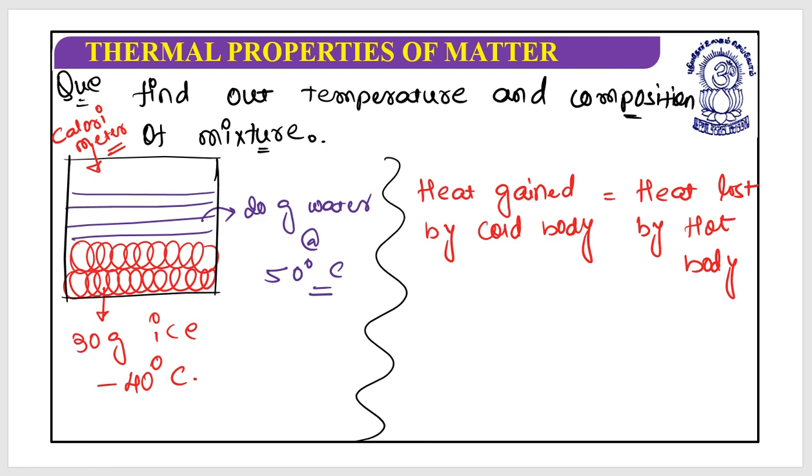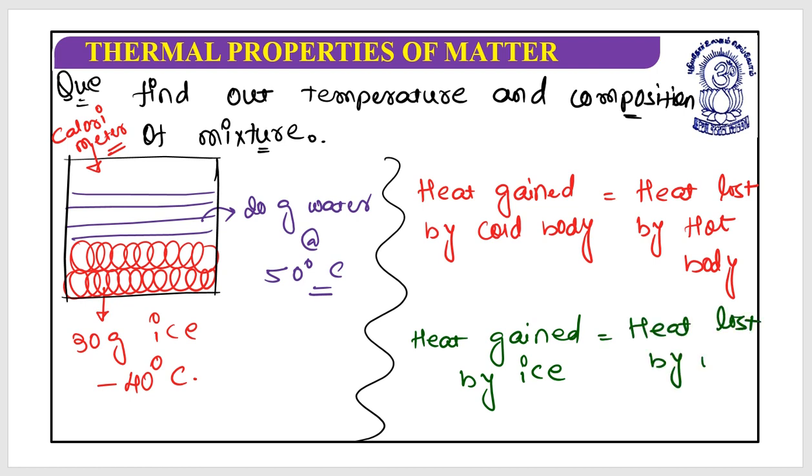In my case, the heat gained by ice would be equal to the heat lost by water. I hope this is clear. So always remember this. How will you decide from where to where heat will flow?